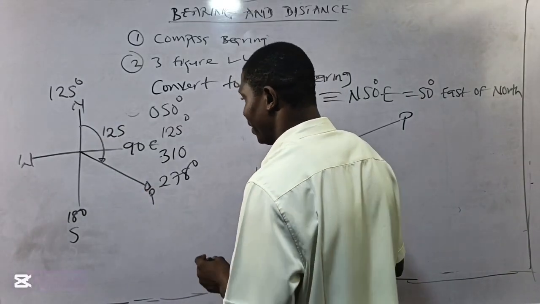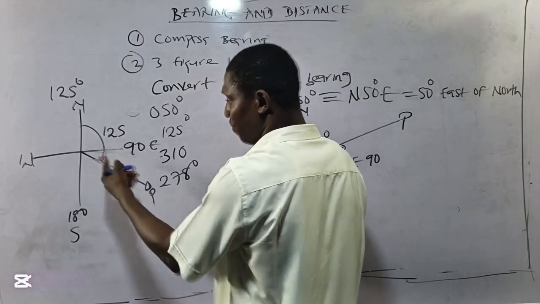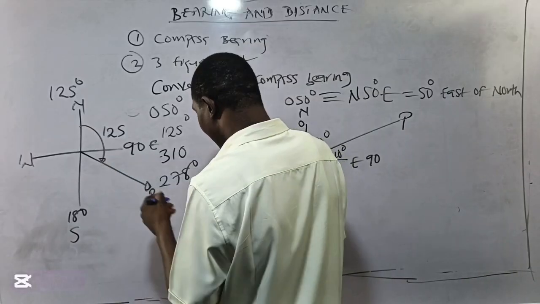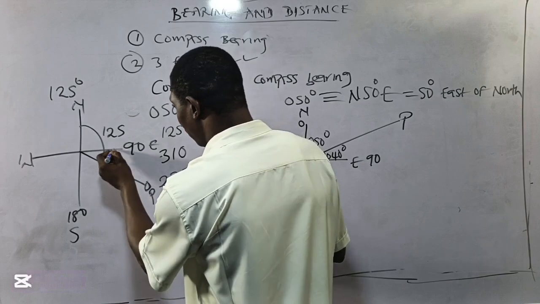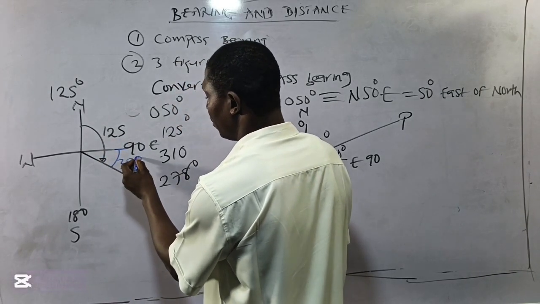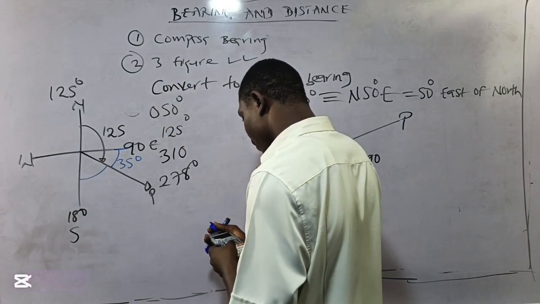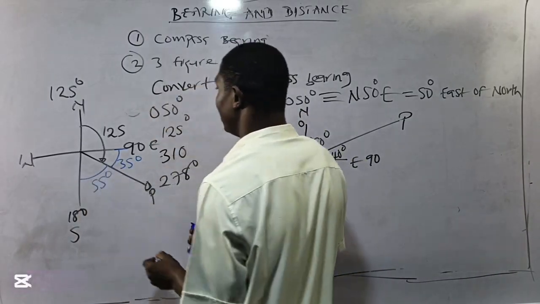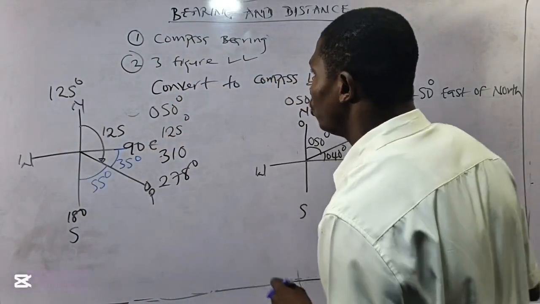From north to the point where the body is now, it is 125 degree. Now I can get my smaller angle, the angle made just here and here, to be 125 minus 90, and that will give me 35 degree. If this is 35 degree, then this angle to make it 90 degree will be 90 minus 35 degree. So this angle becomes 55 degree.